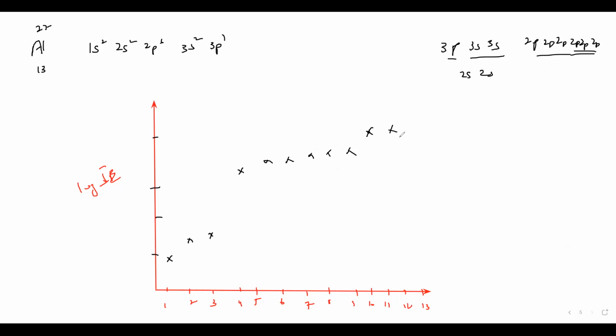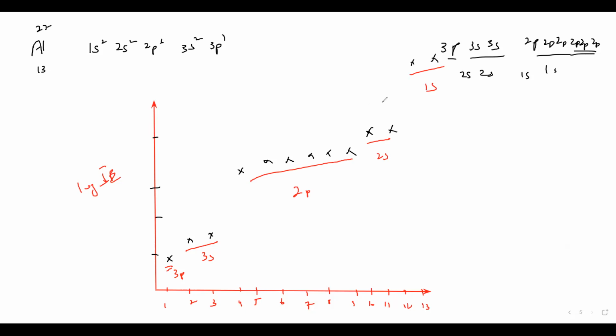So this will be 2s. And then from 1s, both electrons. So there will again be a big jump for 1s. So this is for 3p. This is for 3s. This is for electrons of 2p, electrons of 2s, and then electrons of 1s.